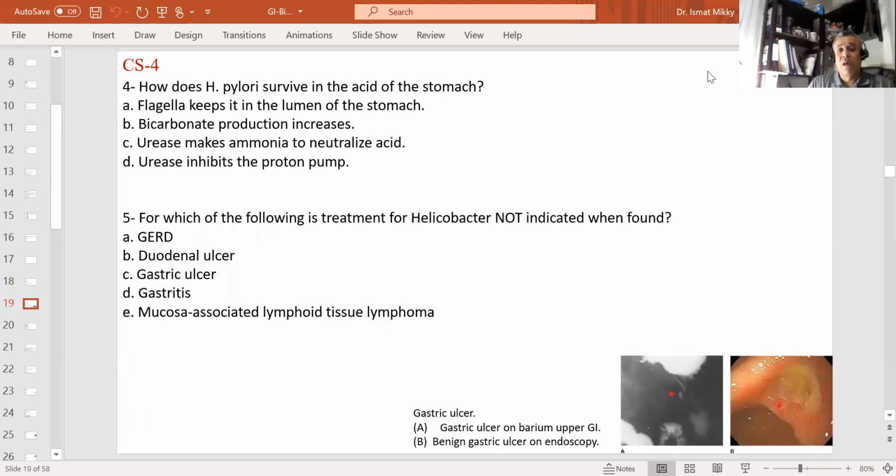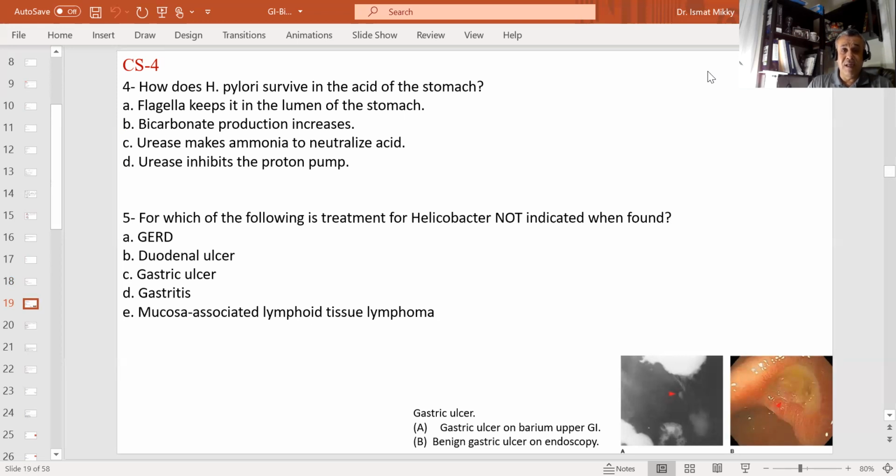Number 4, how does H. pylori survive in the acid of the stomach? Because the treatment of H. pylori sometimes requires long-term treatment. That's because urease makes ammonia to neutralize acid. H. pylori has urease. The urease makes ammonia out of urea.